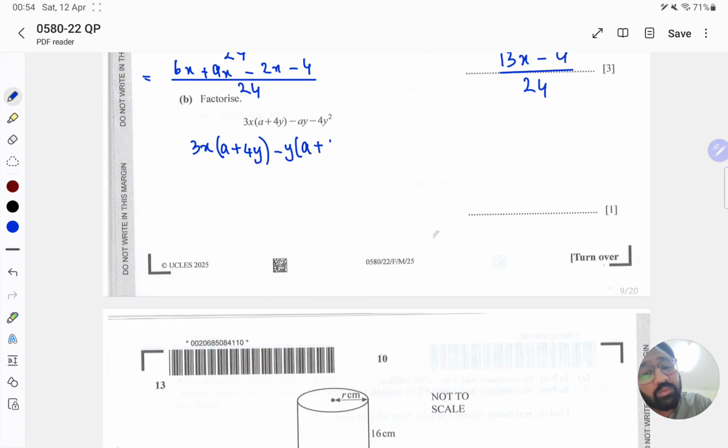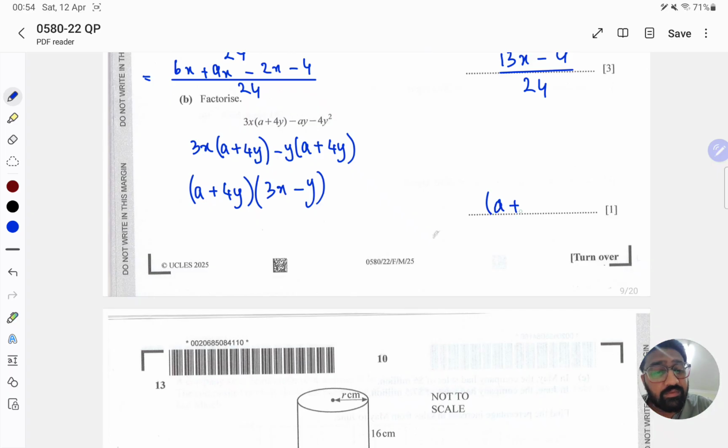So if I take out y common, I will have a plus 4y in the bracket. Now the brackets which are repeating themselves, I will write down once, and I will write down the remaining terms in the other bracket. So this is all what factorization was. So a plus 4y bracket 3x minus y.